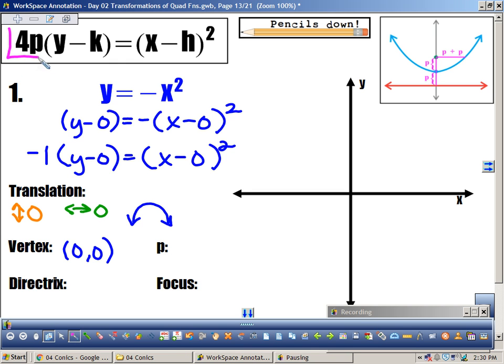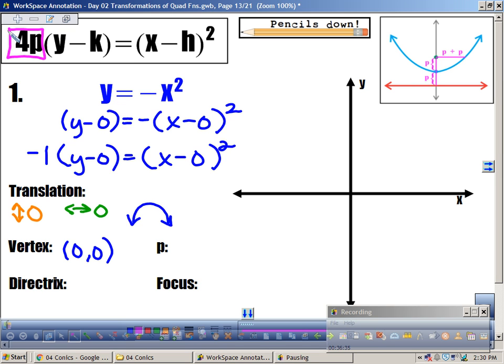It's in front of the y. It is the standard equation for transformational form. So 4p does equal 1. If 4 p's equal 1, how much do 2 p's equal? 0.5. And how much does 1 p equal? 0.25.